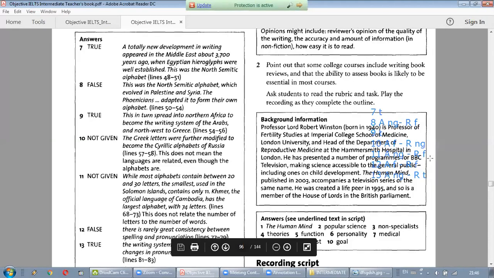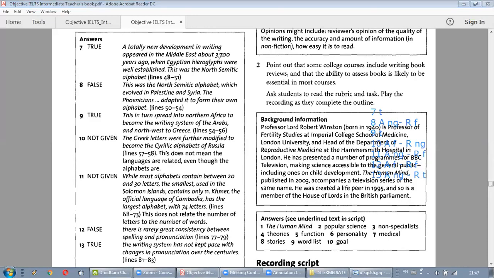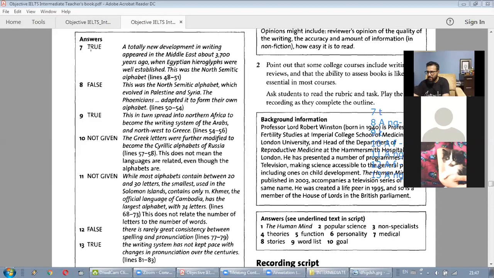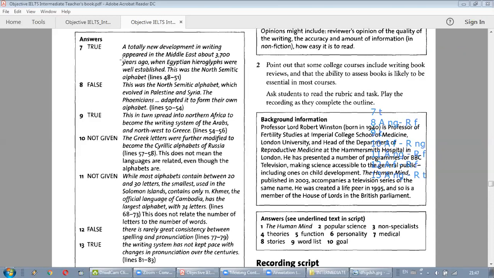All right. So here we have, so the first one you answered was, where is it? True. So this means your answer is true because I have one which is correct.